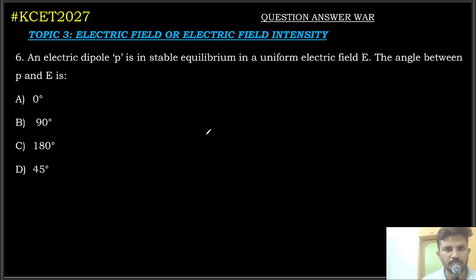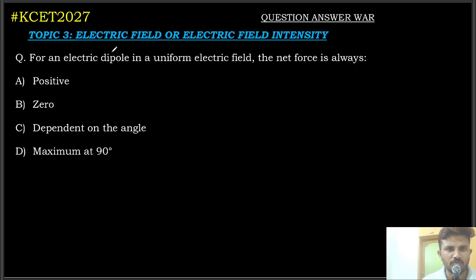Electric dipole P is in stable equilibrium in the uniform electric field. Stable means theta should be 0 degree. Then the angle between P and E is 0, so option A is correct. Then for electric dipole in a uniform electric field, the net force is always 0 because it is given uniform electric field.